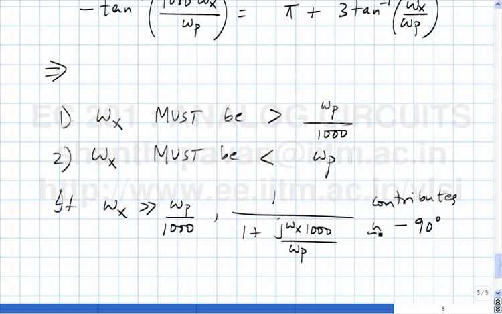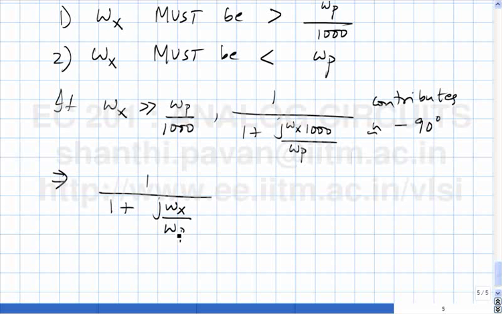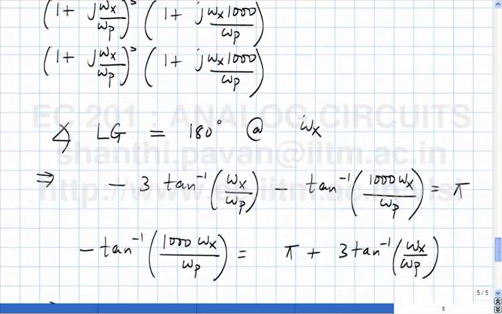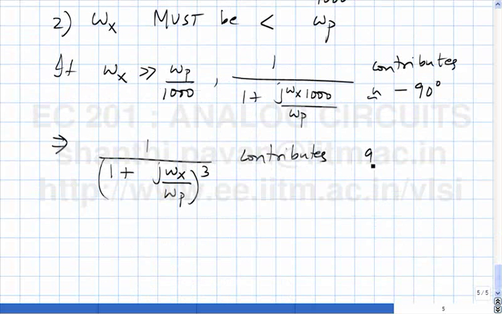Is that clear? Which means that 1 by 1 plus j omega x by omega p the whole cube contributes... the sum total of all these angles is 180 degrees, guys. Okay, this guy contributes 90, so the other three must contribute 90 and minus 90 degrees.